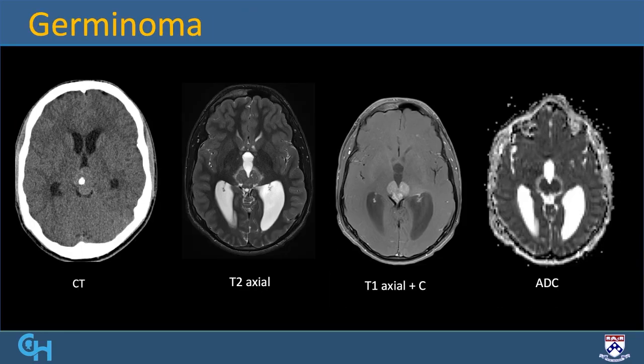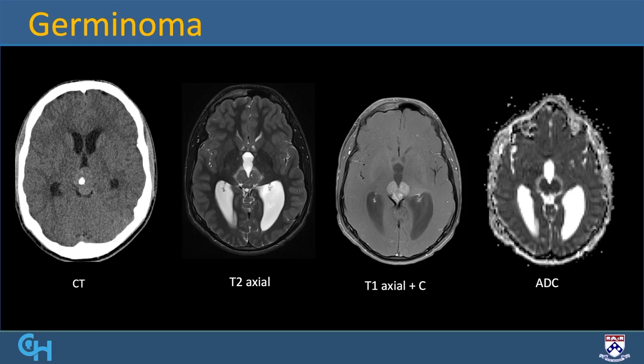Now let's look at germinoma. This is again a pineal region mass here with the engulfed chunky calcification on CT. The mass has a bithalamic extension, and in this case you can see a couple of cysts within this tumor. Also this germinoma is demonstrating restricted diffusion, but this is not seen in all cases of germinoma.